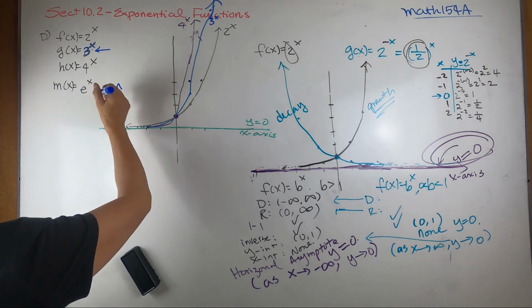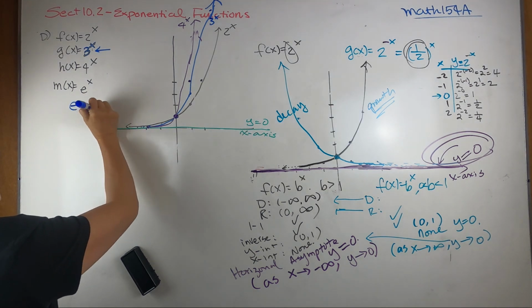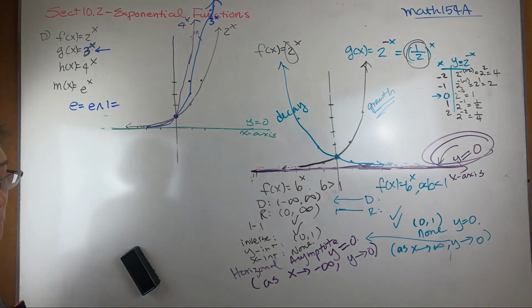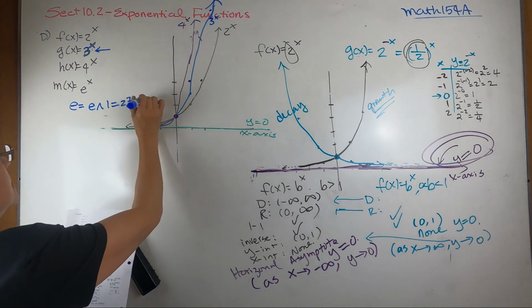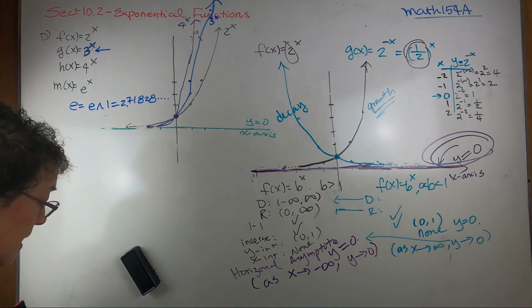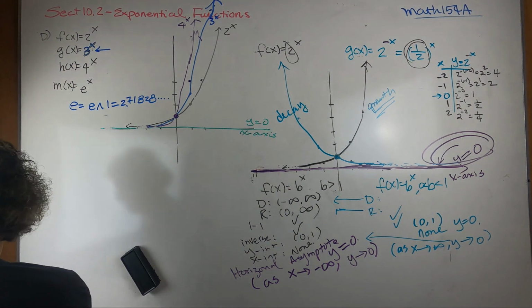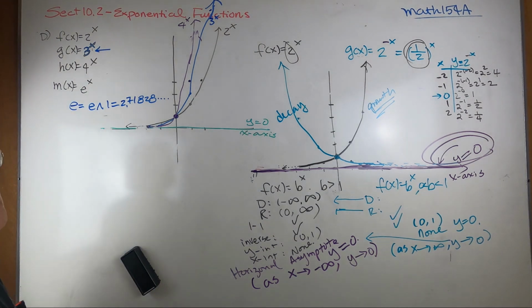If you want to find out the value of e, you do e to the 1 power. Okay, you will get a value like 2.71828, some kind of number. All right, and we are going to use this e quite often later on to solve problems.